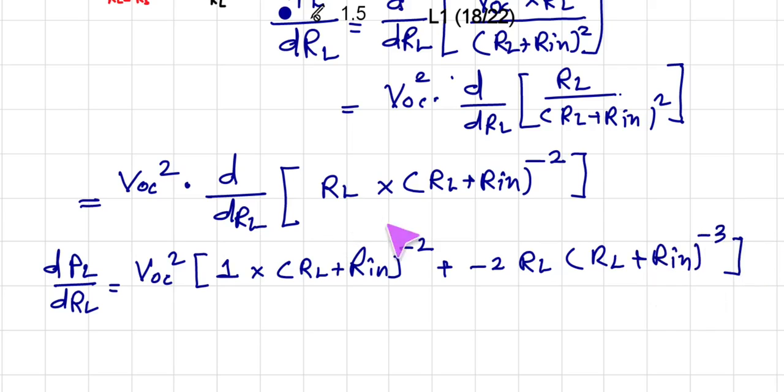Here the term RL stays as it is, and the derivative of the other term is minus 2 into (RL plus Rin) raised to minus 3.